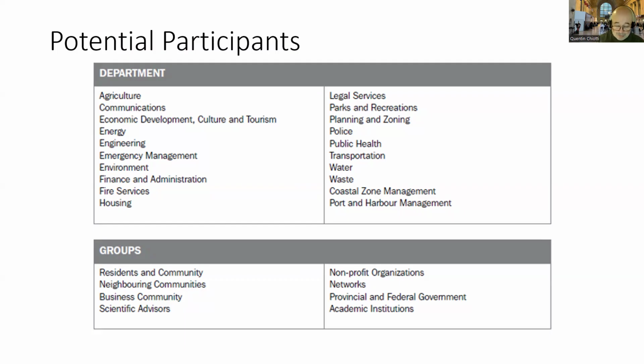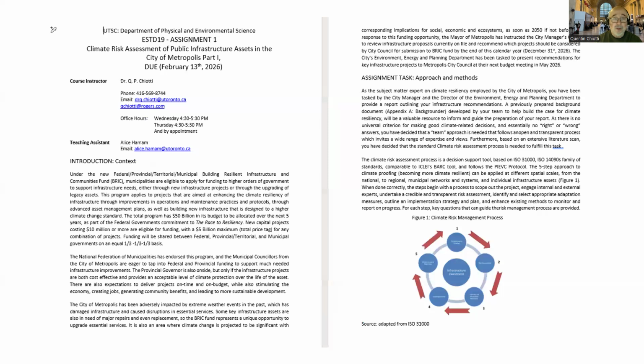And there may be others that you want to fine tune, considering the fact that we're looking at transportation infrastructure as well as energy infrastructure. So the assignment is very straightforward in terms of being grounded in a real world, real case situation, trying to align it with the federal budget from 2025, as well as historically how the federal government has provided funding for infrastructure projects.